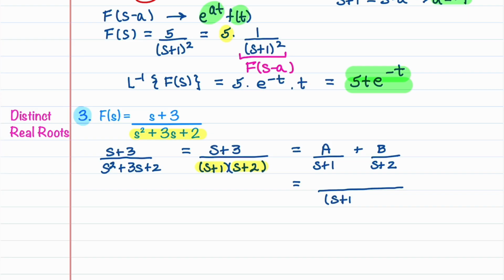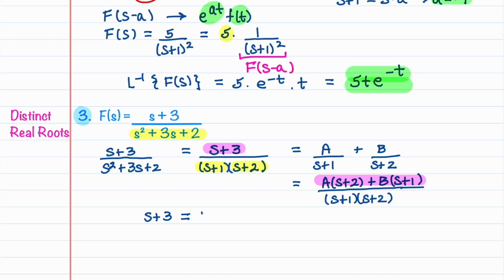S plus 1 times s plus 2, and we have a times s plus 2 plus b times s plus 1. Now we'll equate s plus 3 to this numerator. We have s plus 3, and I'm going to go ahead and multiply out this right-hand side.